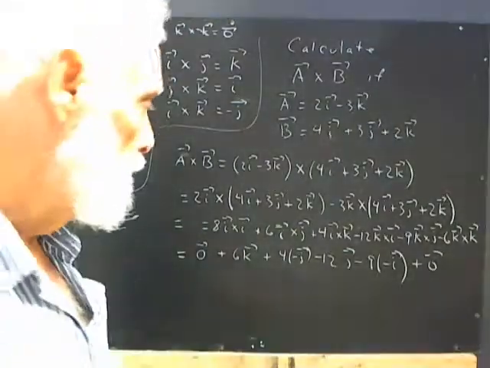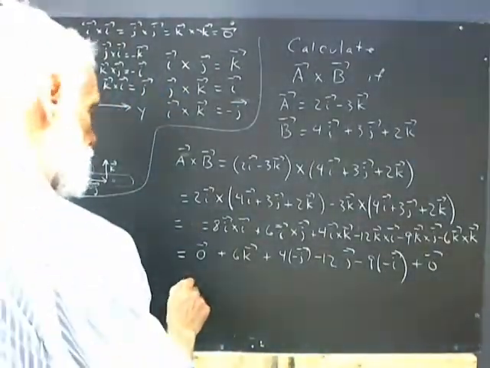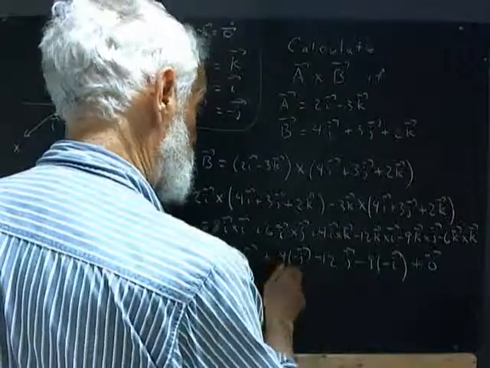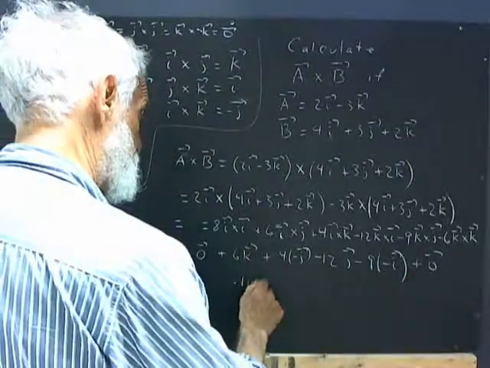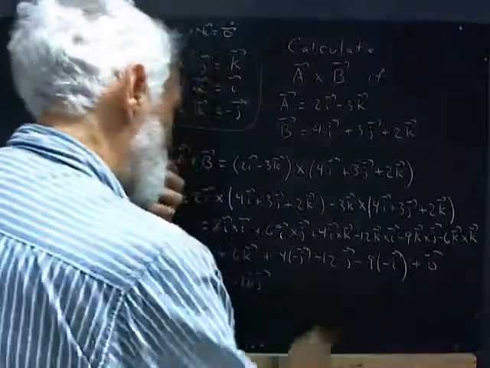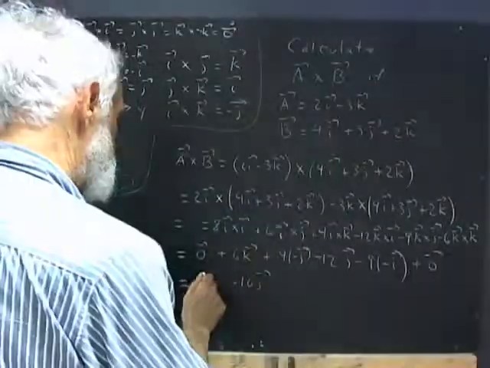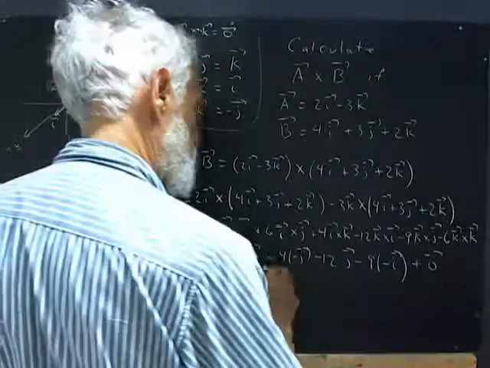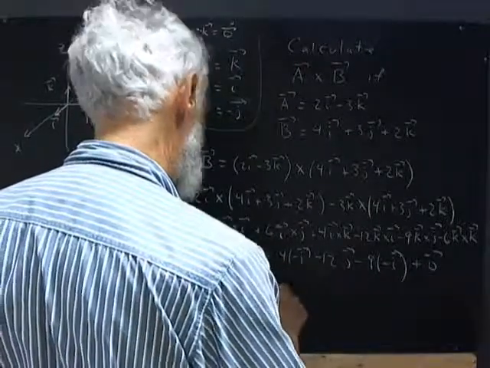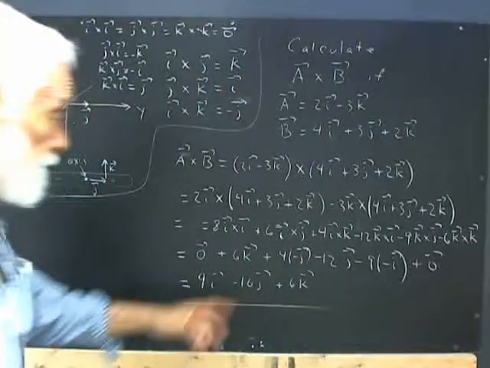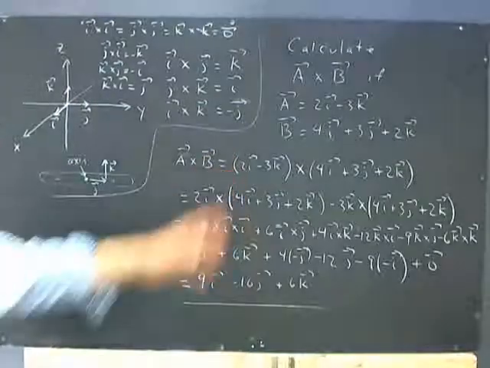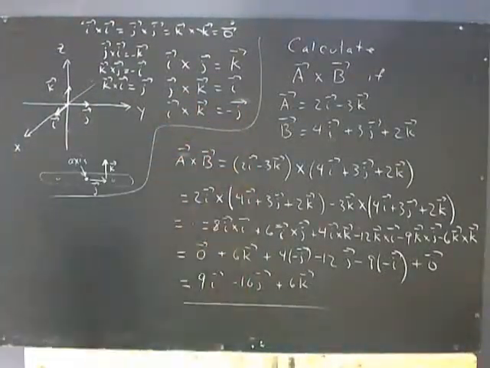And now we can simply collect our terms. 4 times negative j is negative 4j, minus 12j is negative 16j. Negative 9 times negative I is 9i. And we've got a 6k over here. So if I haven't made a mistake, there's our vector product.